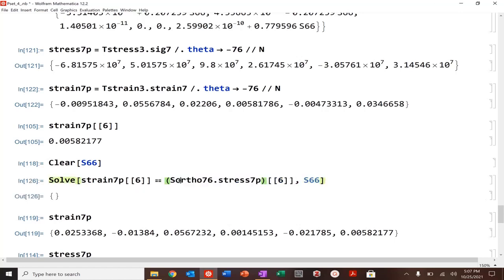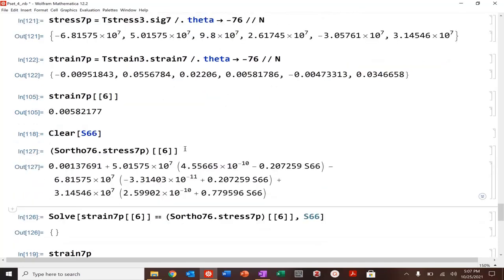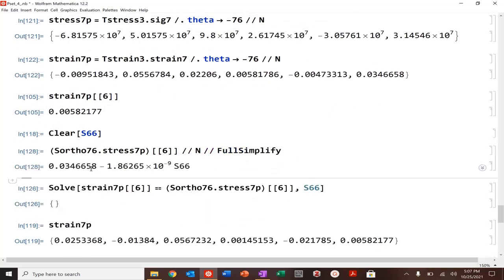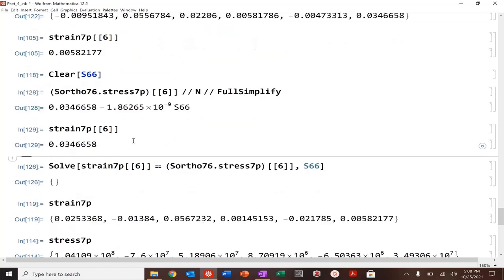Yeah, let's see what the problem is here. So that should be solvable. Strain of 7p. Should be able to.